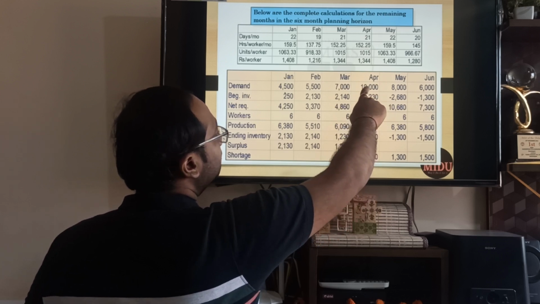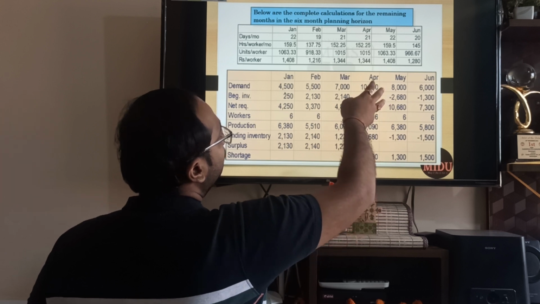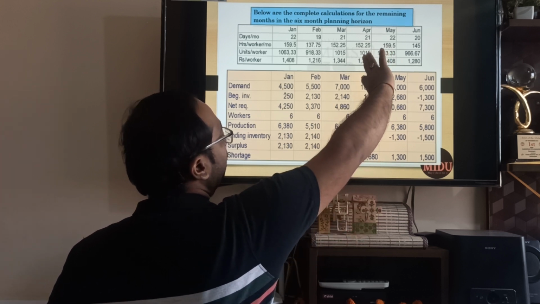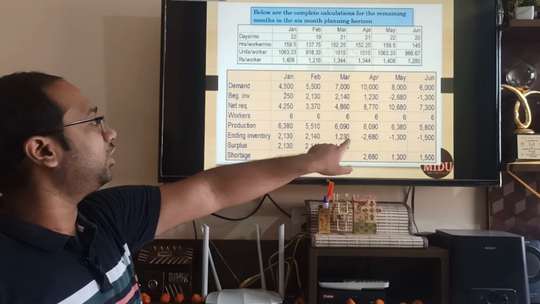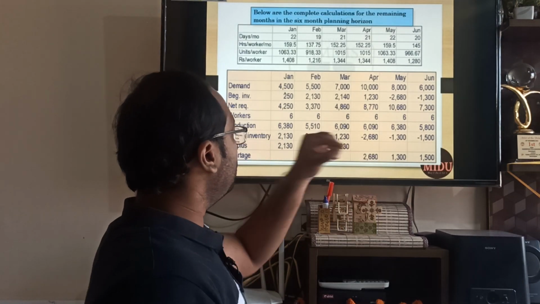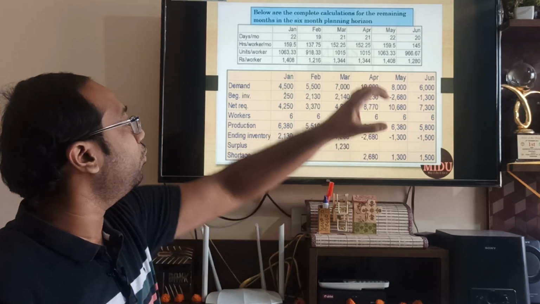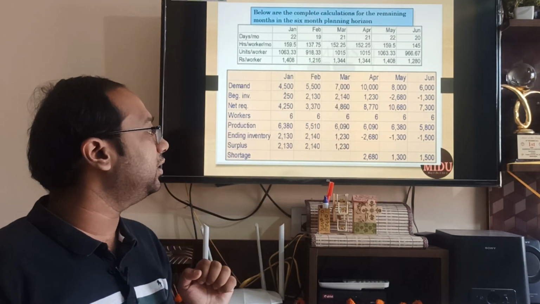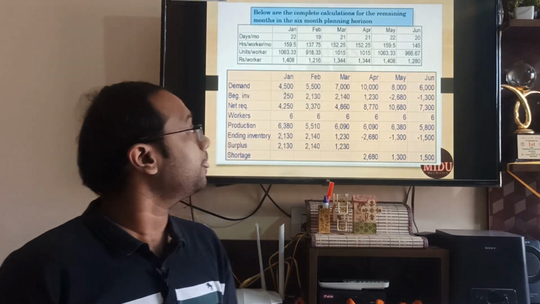Net requirement is this minus this, 8770. Now these 6 workers, at the rate of 1015 into 6, can produce only 6090. So 2680 units is the shortage. Here the shortage starts. It means market demand is there, but based on the number of workers you have, you cannot meet this demand, and that is why there is a scenario of shortage.